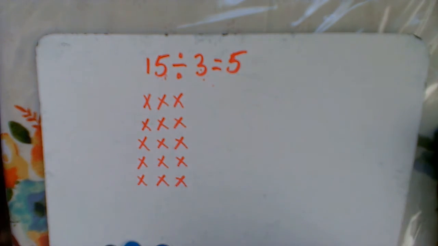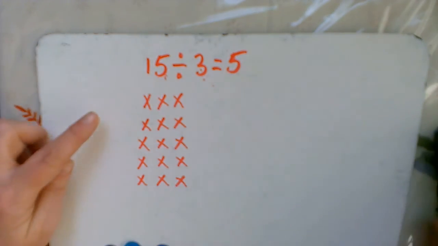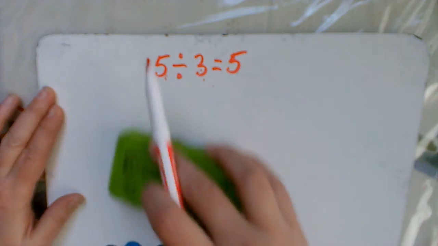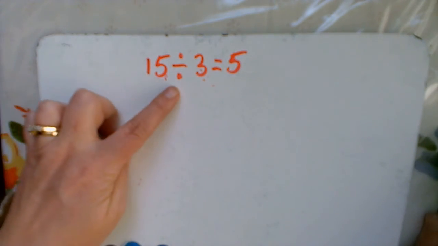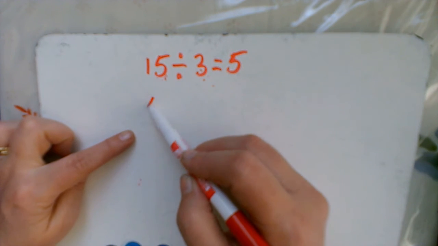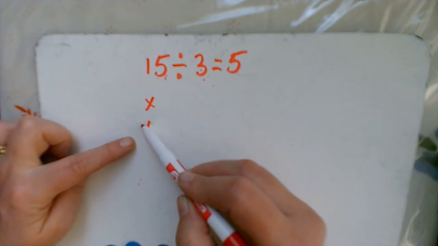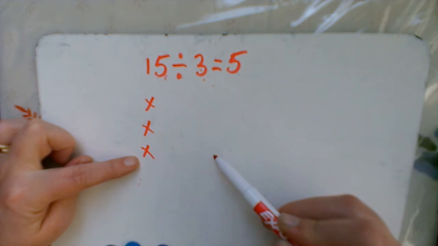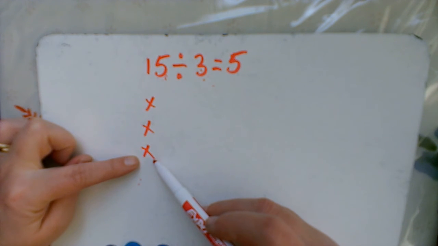Okay? The other way I could have solved this, instead of putting them in groups of 3, I could have said, all right, what if I have 15 and I share them into 3 different groups? That means I'm going to do a group here, and a group here, and a group here. Okay? And I'm going to share them.